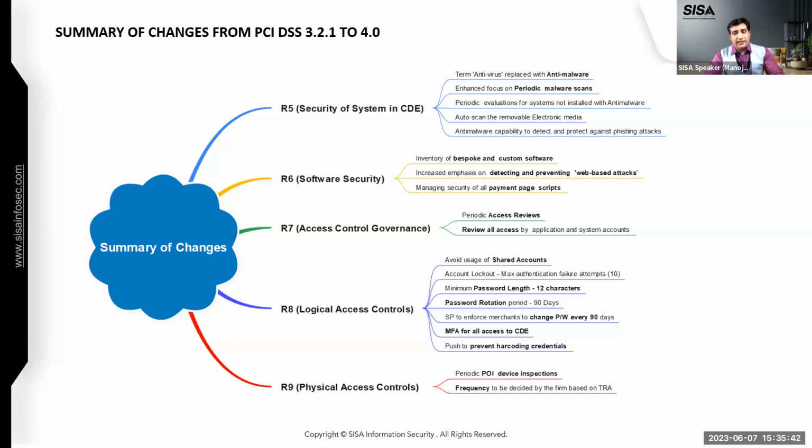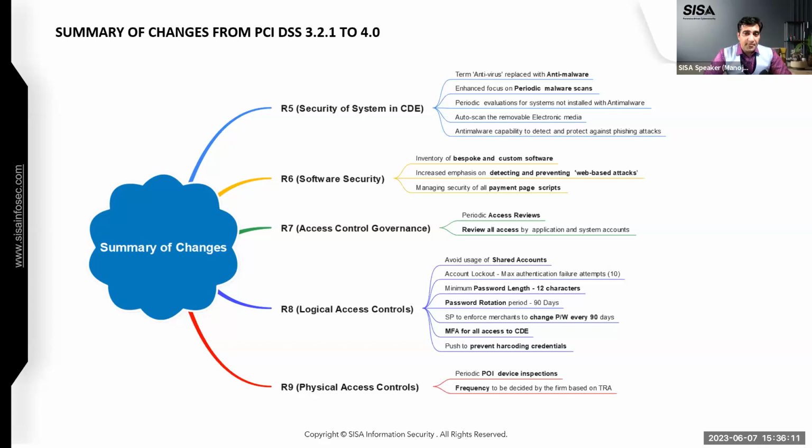And then they also need to implement detection and preventive mechanisms to prevent any kind of web-based attack, which directly indicates that you need to have a web application firewall installed. If not done, I think this is the right time to do it. We still have time for this particular requirement, but yes, that's a very, very major control which you may have to implement.